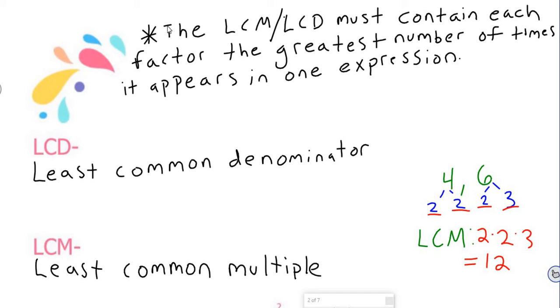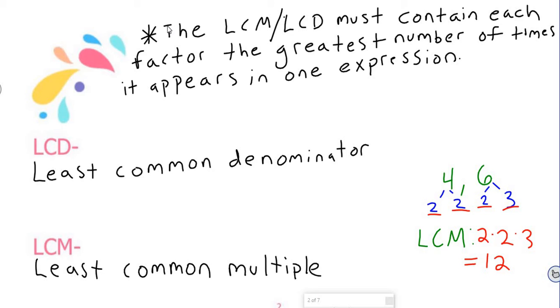So in this case, my two expressions are 4 and 6. So notice that my factors are 2 and 3. Now what is the greatest number of times that 2 appears in one of those? 2. We all see that. Now it appears 3 times between both of them, but I only want to look at each one individually. It happens once in my 6 and twice in my 4.